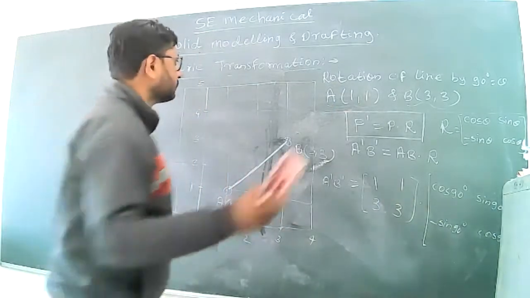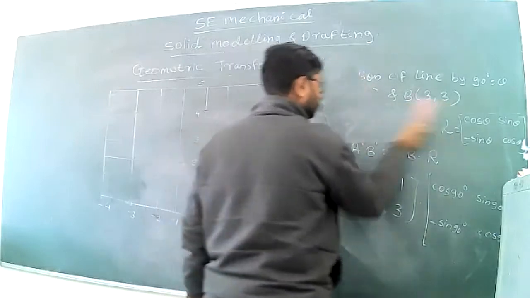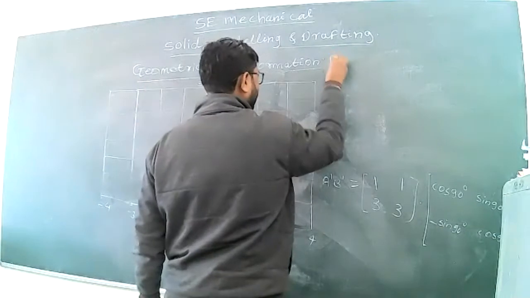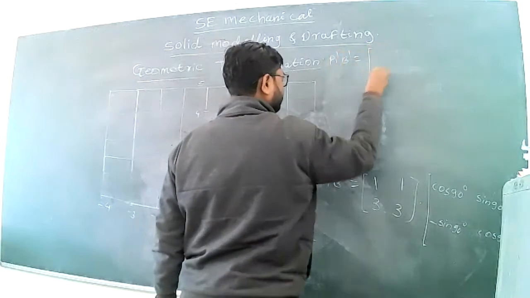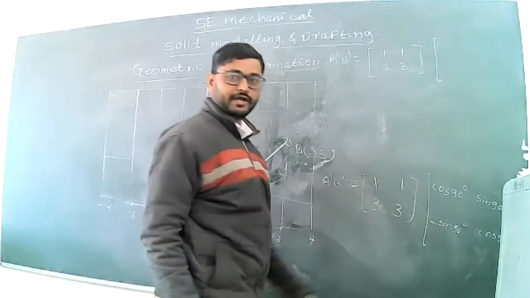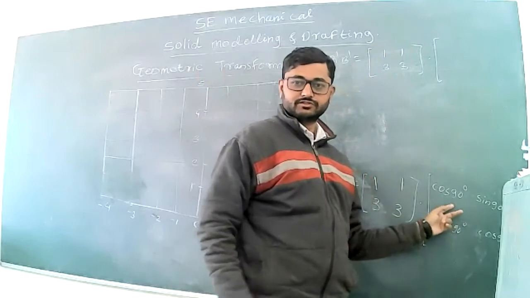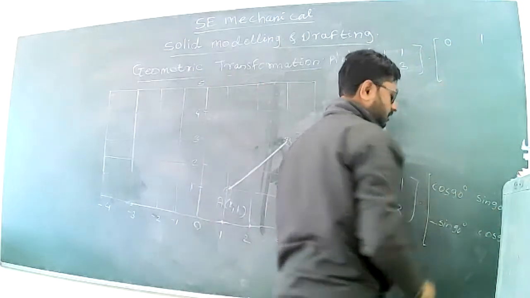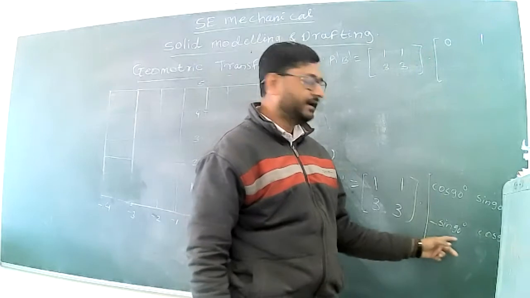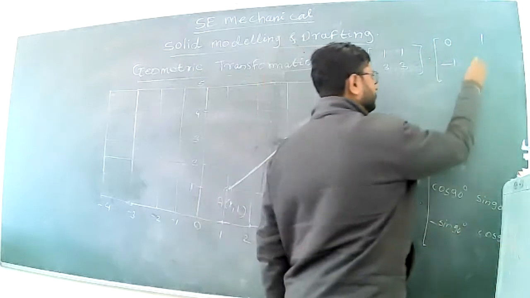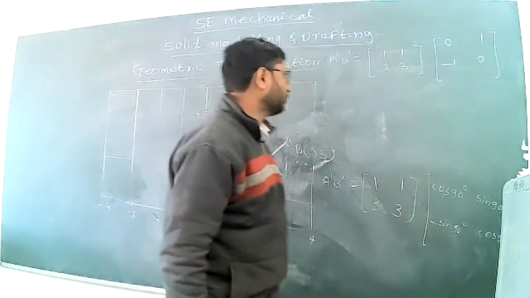By calculation, A dash B dash is equal to 1 1 3 3 into the matrix with cos 90 being 0, sin 90 being 1, minus sin 90 being minus 1, and cos 90 being 0.